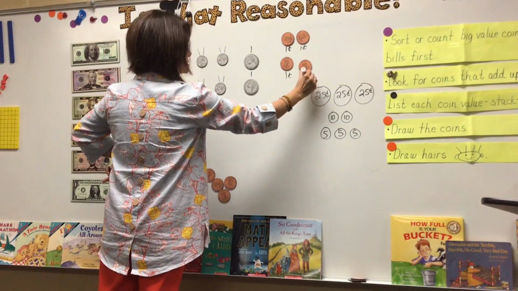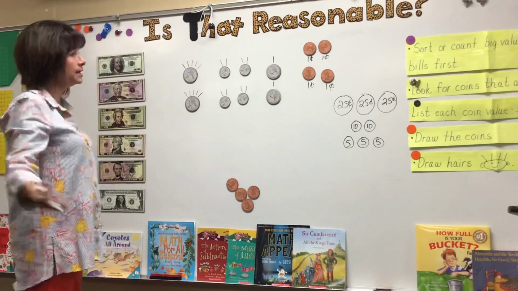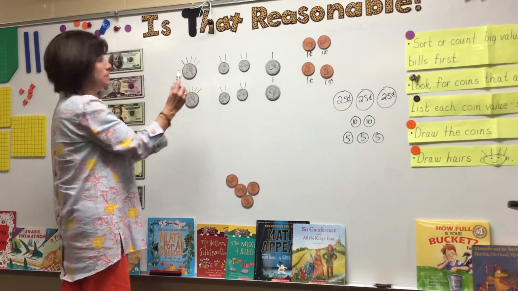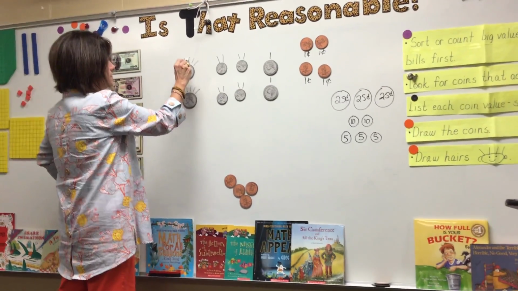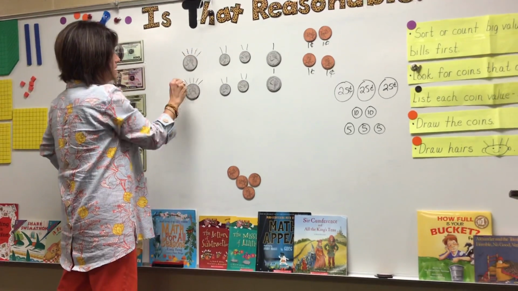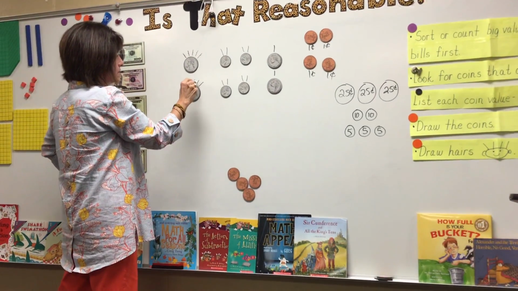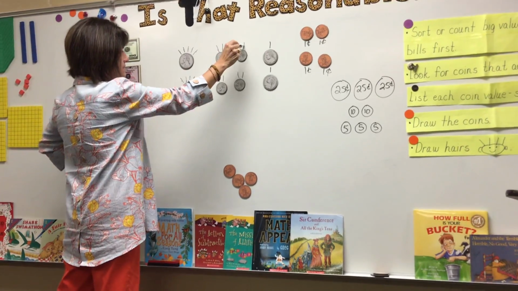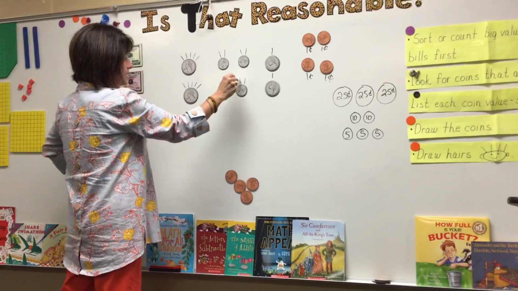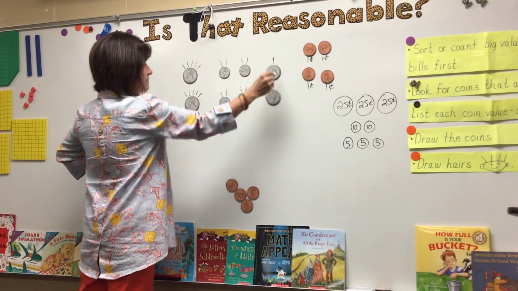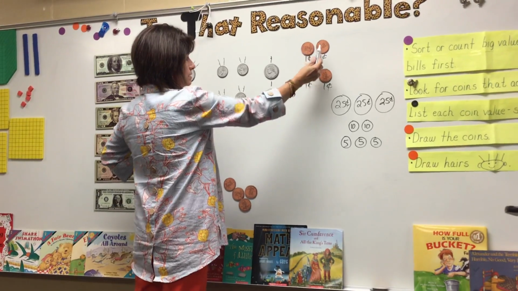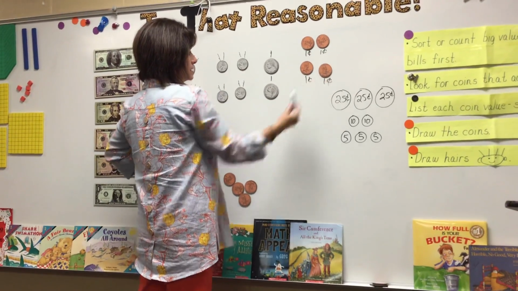So this is just another strategy until you get good at counting coins you might use. Then I could go back and count by 5s because we're all good at that. 5, 10, 15, 20, 25, 30, 35, 40, 45, 50, 55, 60, 65, 70, 75, 80, 85, 90, 95, $1, and then I would say $1, $1, $2, $3, $4.